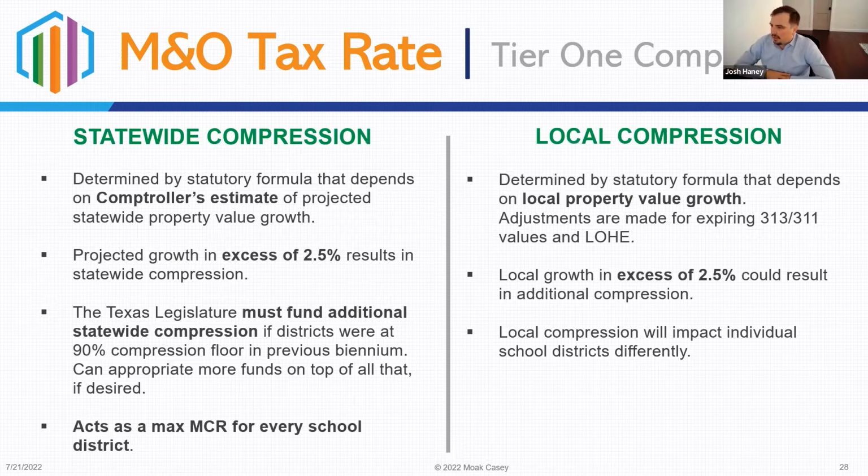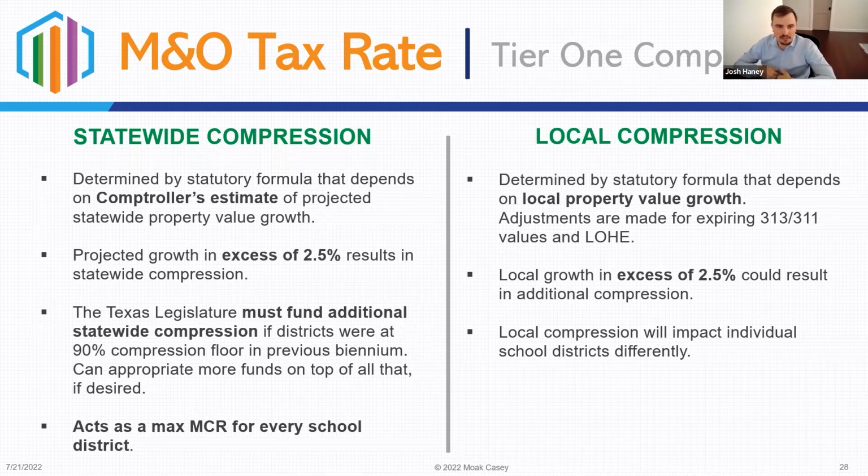And so here's, at a high level, how the statewide compression and the local compression work. We're going to get into some specifics in a minute, but I just want to give you a little bit more context. On the statewide compression side, this is driven primarily by the statewide value growth estimate that the Controller's Office produces each October of an even year.